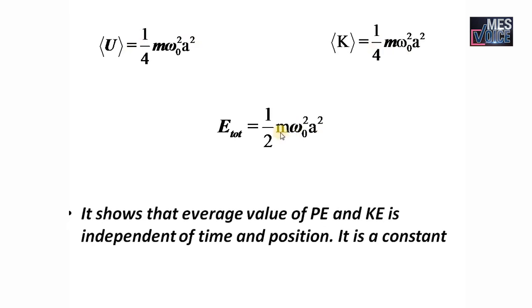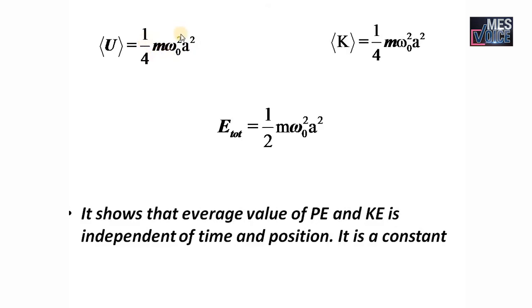So what is the conclusion? The conclusion is that the average value of kinetic or potential energy is independent of time. You can't see any time function. That is a constant, isn't it? It is independent of time. It is independent of x. It is purely a constant, because A is a constant, ω0 is a constant, and m is the mass of the oscillator.